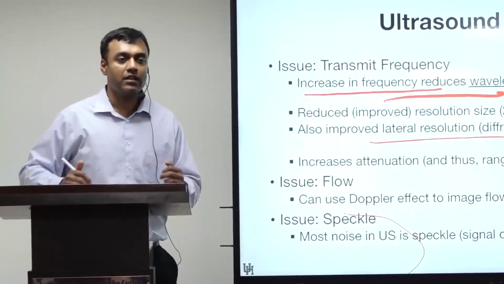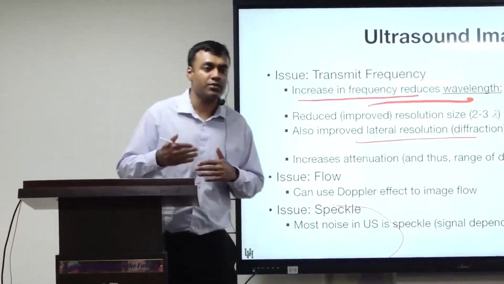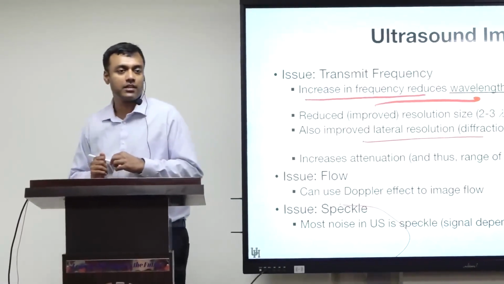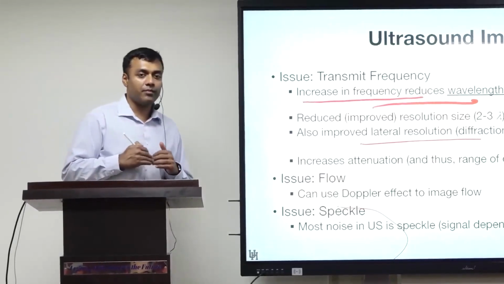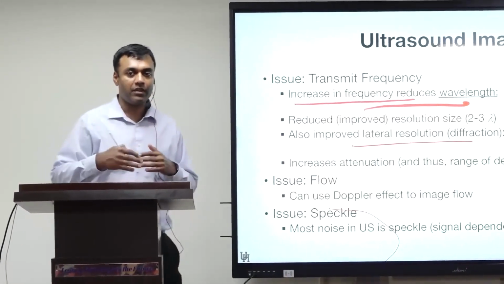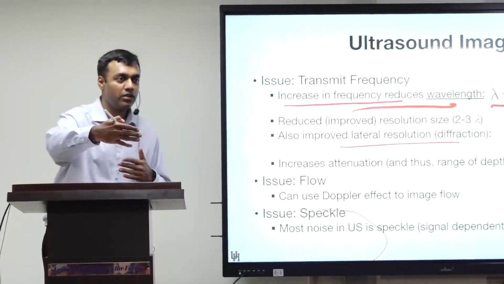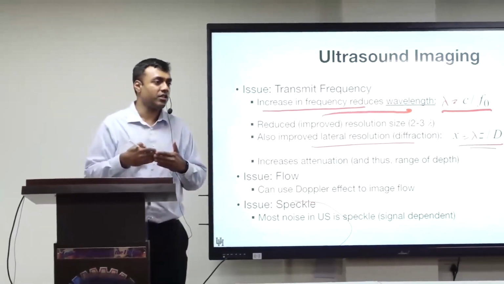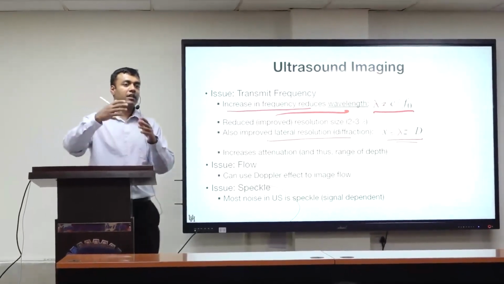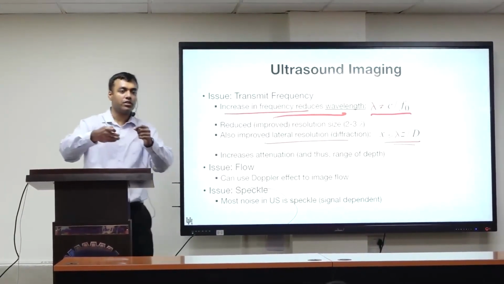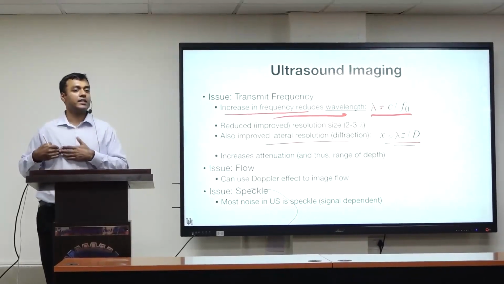The disadvantage is that, as I mentioned briefly in the last class, you will get worse penetration depth. So it won't go very deep. The higher the frequency, the lower the depth it will reach. If you want to see something reasonably deep, then as you increase the frequency, you will get better resolution, but you will lose how far you can see inside the body.